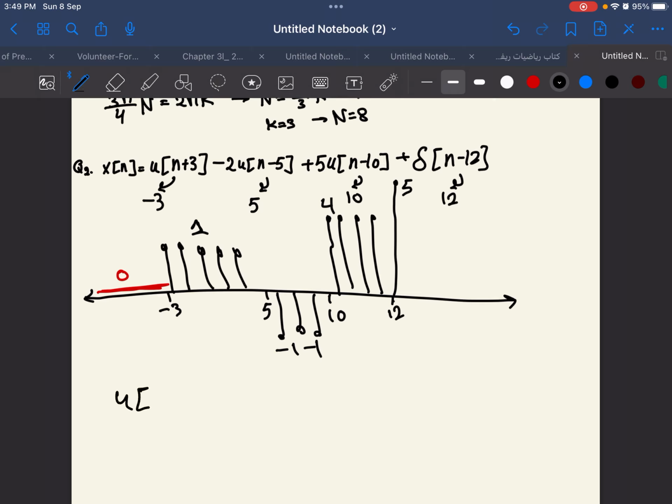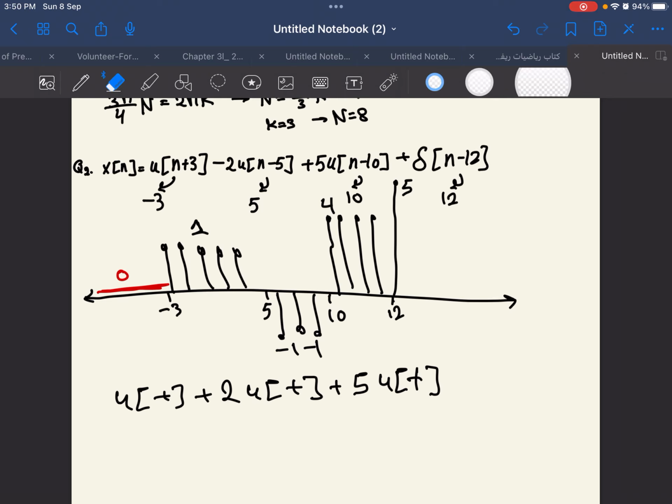So the signs here will all be plus, and the delta is also plus.